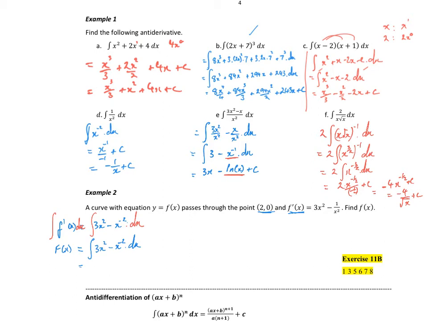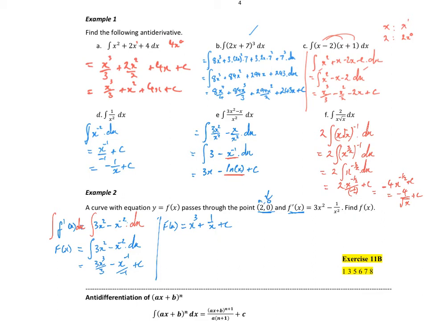Add 1 to the power: 3x to the 3 on 3, minus x to the negative 2 plus 1, plus some constant. So f of x is equal to x cubed plus 1 on x plus some constant c.